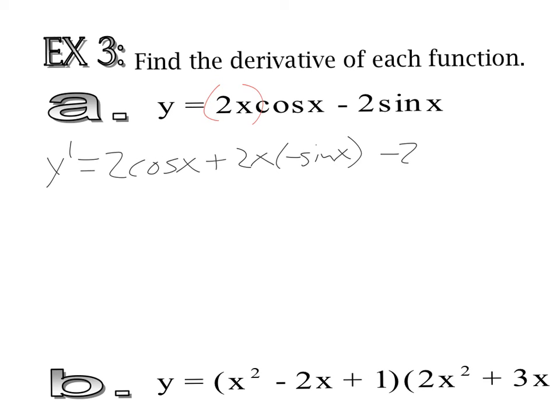The derivative of sine x is simply cosine x. Hopefully you'll see here you have a positive 2 cosine x and a negative 2 cosine x. So those guys cancel out, and you're left with a negative sine x times 2x, which is just negative 2x sine x. And that's it.